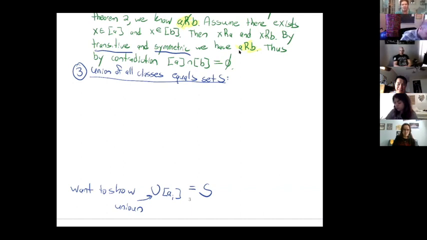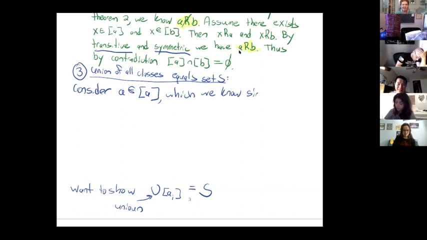So first, let's consider an element A, which is in the equivalence class A. We can claim that A is in its own equivalence class because this relation is reflexive. So it's going to be related to itself and thus in its own equivalence class.